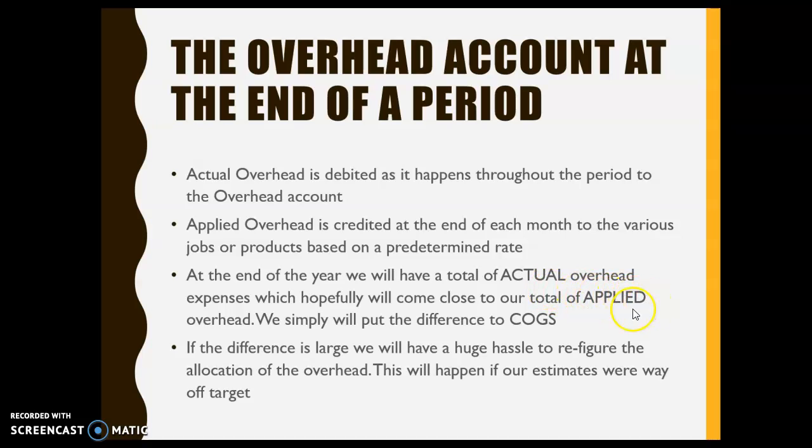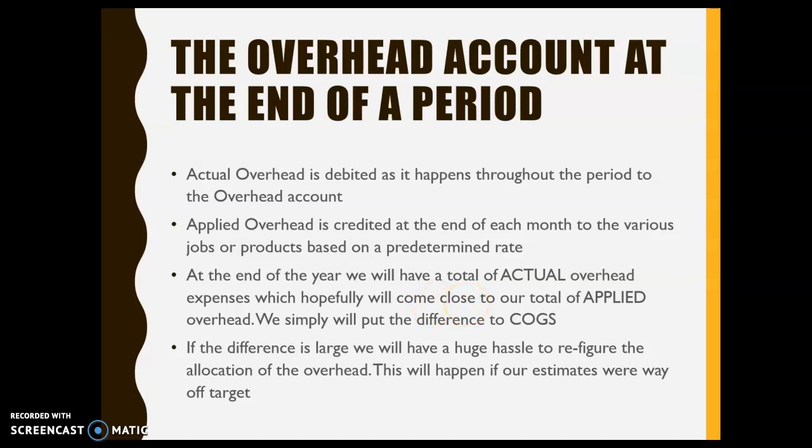Our applied overhead is based on our estimates and our guesses from last fall to make that rate, so it's never going to turn out to what the actual turns out. So our total debits in the overhead account are never going to equal the total credits of what we applied. But hopefully we come close.